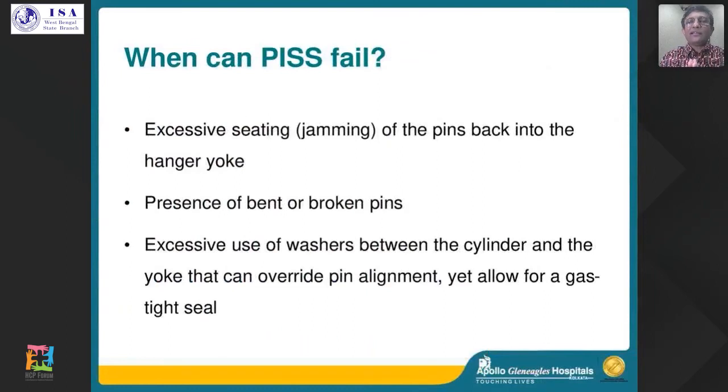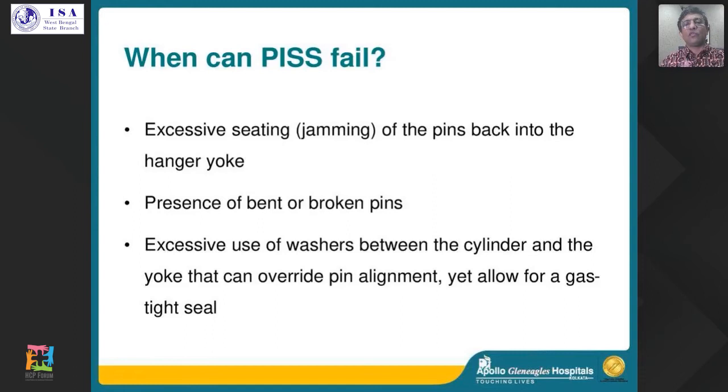Okay, can this safety feature fail? Yes, it can. Excessive seating, which is essentially jamming of the pins back into the hanger yoke, can make a wrong cylinder be accepted at that position. Bent or broken pins, again, can result in a wrong cylinder getting in at that particular place.